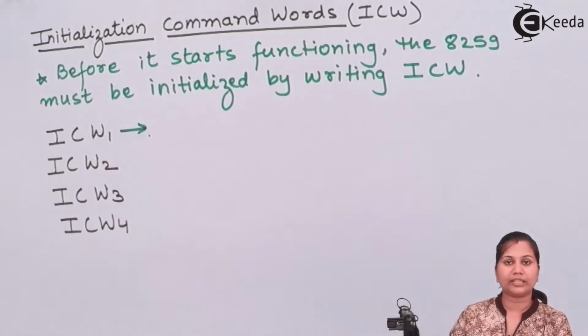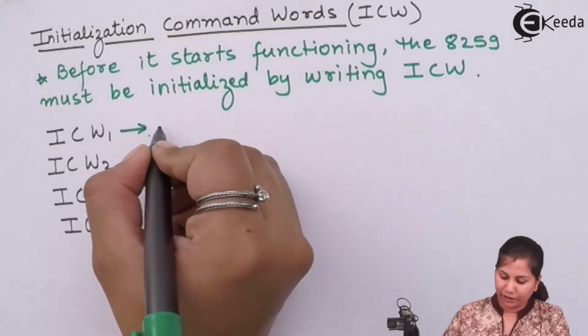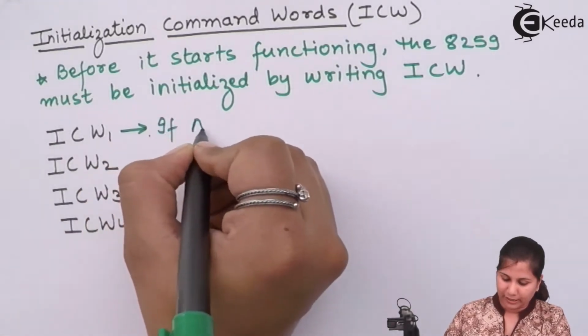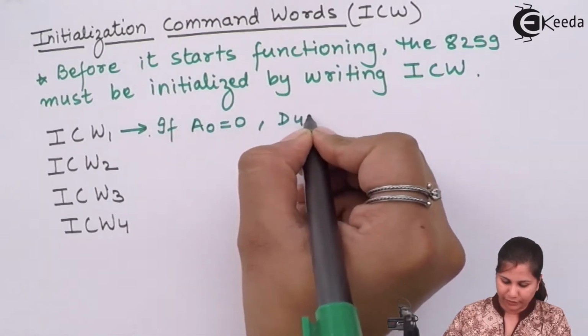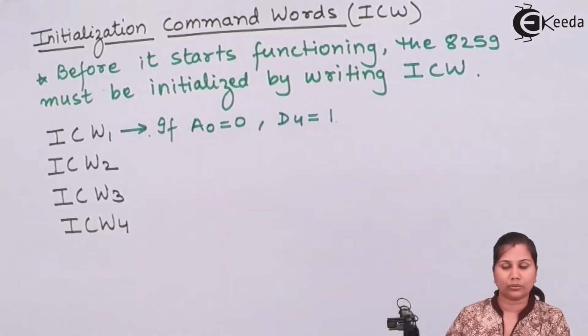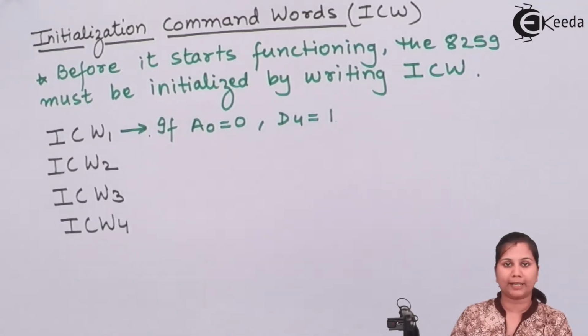First, we will start with the initialization command word first. This command word is written if A0 is equal to 0 and D4 is equal to 1. The control word is the data which is provided by the CPU to the 8259 through the data bus.